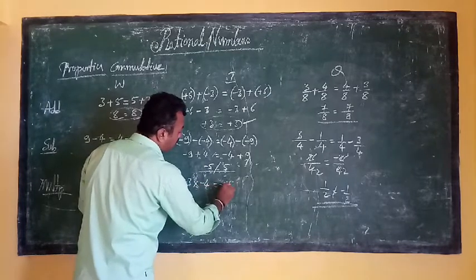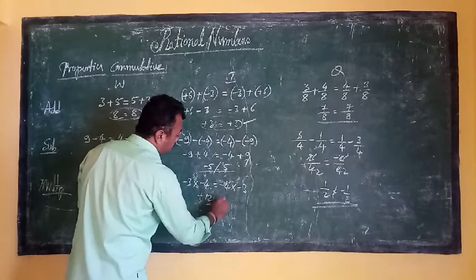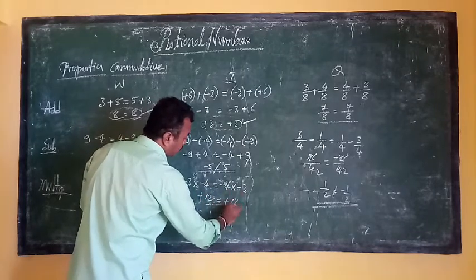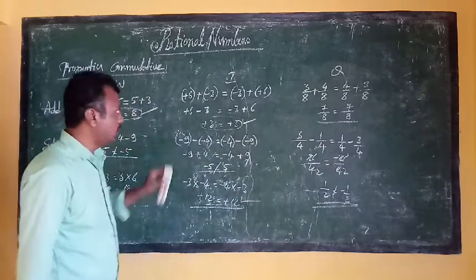Minus 3 into minus 4 is equal to minus 4 into minus 3. So minus into minus is plus, 3 4s are 12, and again minus into minus plus, 3 4s are 12. Therefore, here also it is satisfied under multiplication of integers.